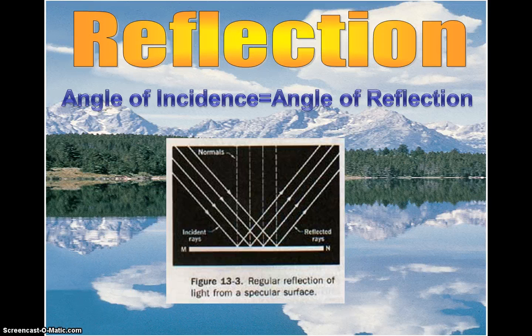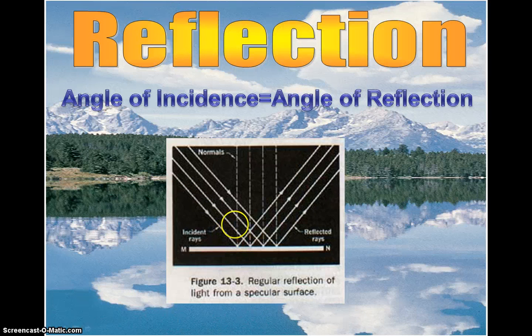But it's important that we just define what that angle actually is. So the angle of incidence is the angle between the incident ray and the normal line. So it's actually this right here. It is not the angle to the surface. It's the angle to the normal. So then the reflected ray would be the same. It would be from the reflected ray to the normal. So you can see here as it comes in, this incident ray comes in and it bounces off.